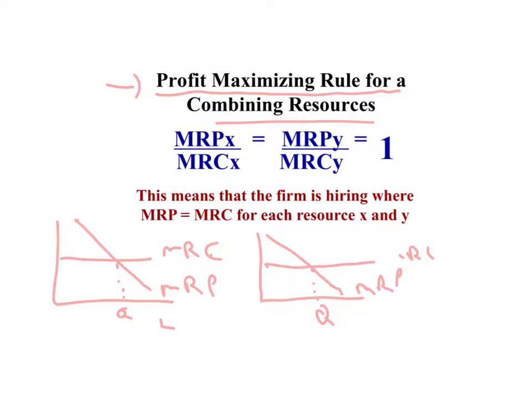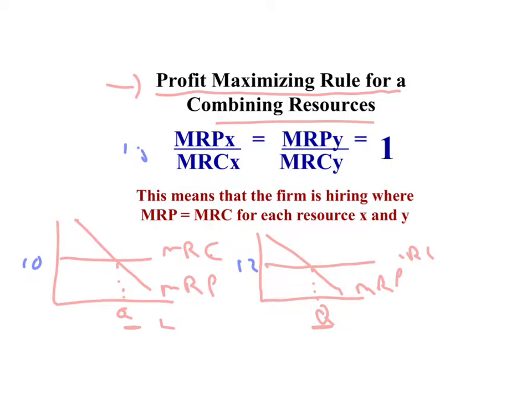Now, these numbers may be very different, right? The quantity may be much bigger for labor than it is for capital. It might also be the case that the number where MRC is equal to MRP might be $10 here, but where MRP equals MRC for another spot might be $12.